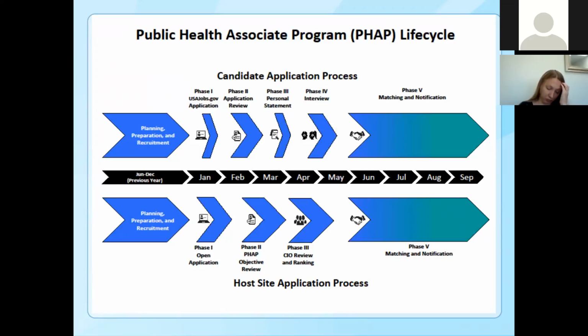Phase 2 is the objective review. That is conducted within the PHAP program, meaning that the CIOs or the divisions and centers have nothing to do with that part. Before we even see your applications, that is where the major cuts happen. For injury-specific applications, we're seeing about a 60% cut. Of all the applications submitted, we receive only about 40% from objective review.